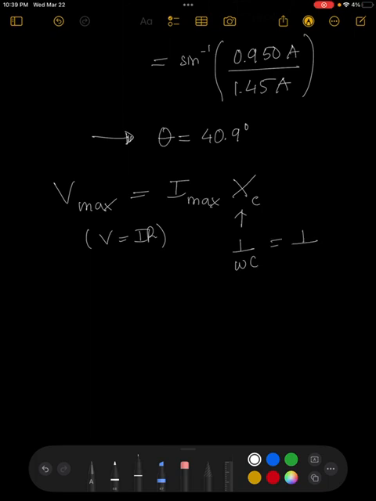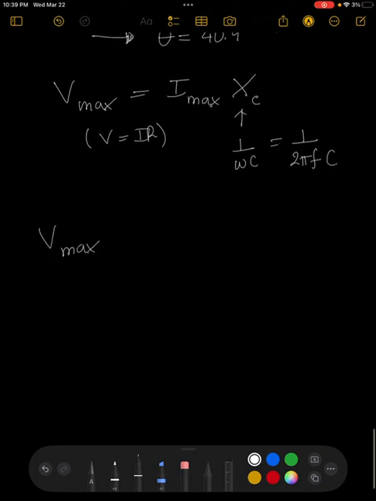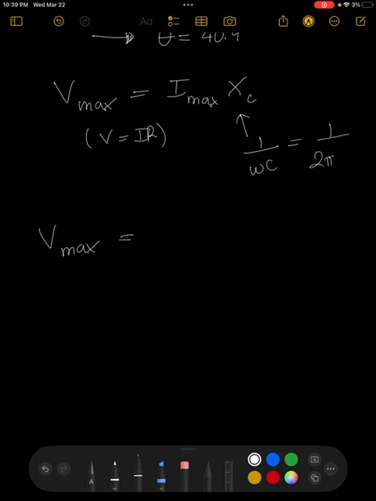That would be 1 over 2 pi f C. Okay, so Vmax is going to be Imax, I think I wrote it wrong. Oops, sorry, XC, that's correct, 1 over omega C, 1 over 2 pi f C.